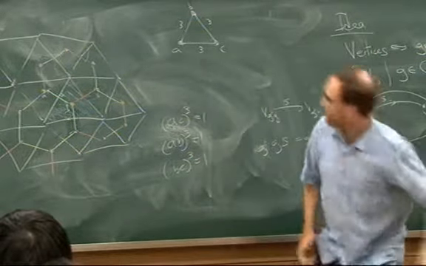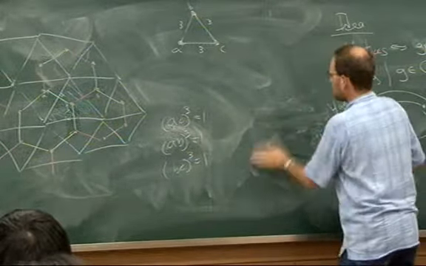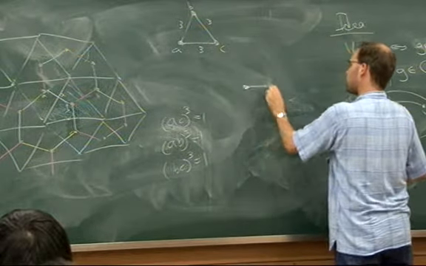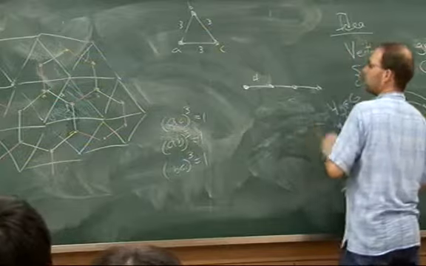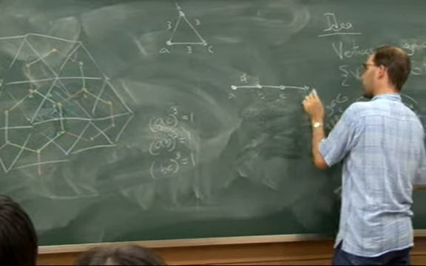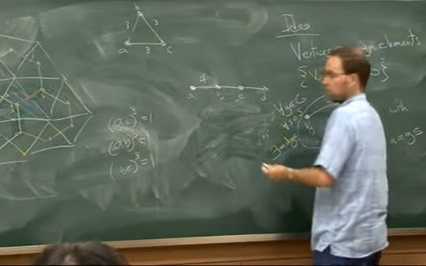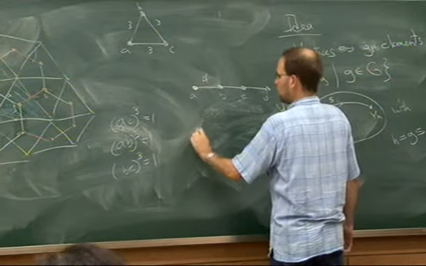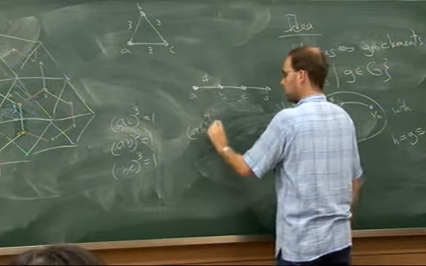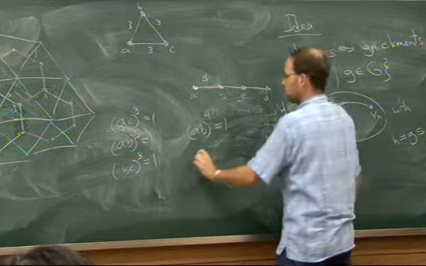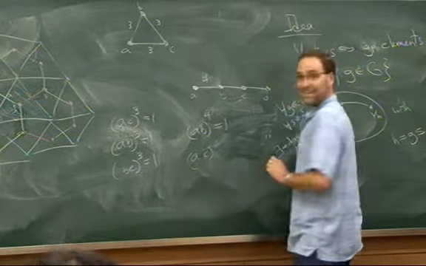So, if I have a diagram such as this, what are some relations that you know? AB to the 4th is trivial.